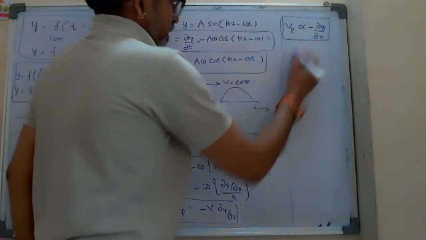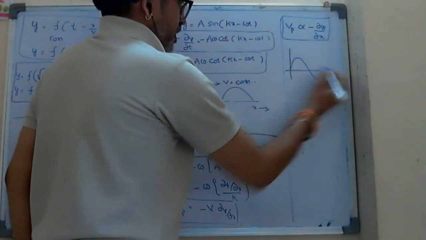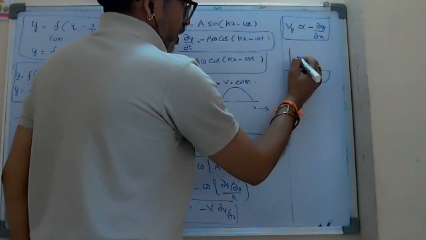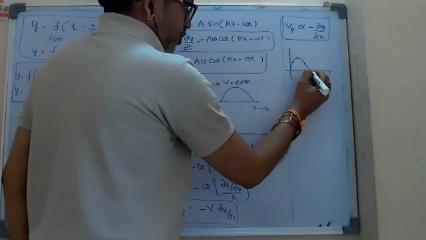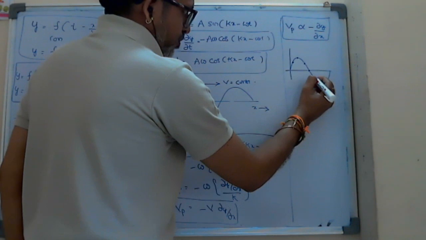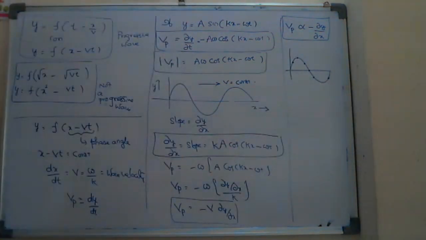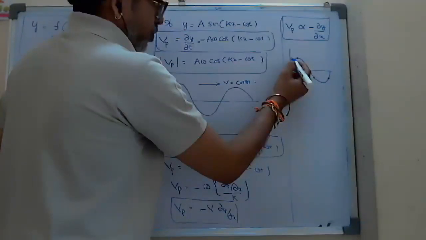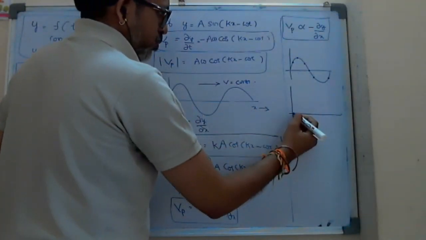From this equation, suppose I ask one question: I select one particle here, another particle there, a third particle here, a fourth there, a fifth here, and a sixth there. In total, I took 6 particles. For the 6 particles, what will be the direction of the velocity of the particles at the respective positions?